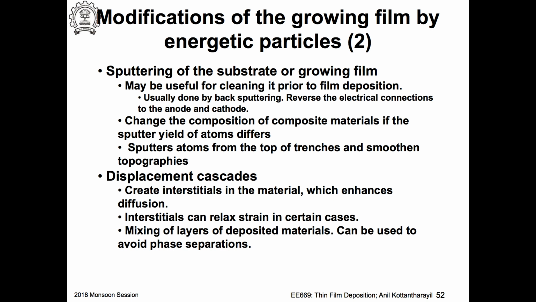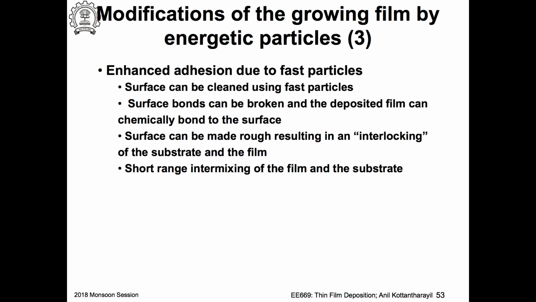So a composite oxide may segregate into individual oxides. If I deposit, for example, aluminum hafnium oxide, or hafnium aluminum oxide, it may happen that you have hafnium oxide clusters and then aluminum oxide clusters, which you can avoid by using these fast particles.